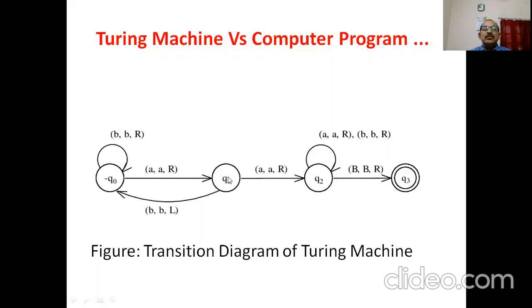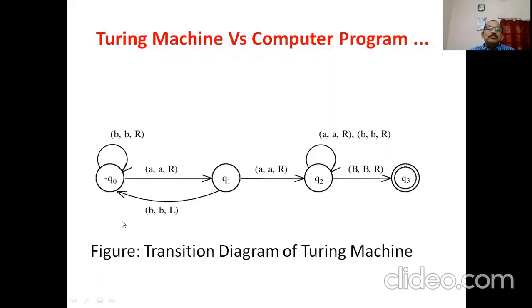And in the state Q1 it reads B, replaces B by B and moves in the left direction, goes to state Q0. You can observe that when you feed AB to the machine, the machine moves from state Q0 to Q1, Q1 to Q0, Q0 to Q1. Is it clear?